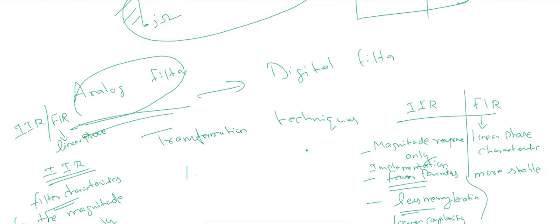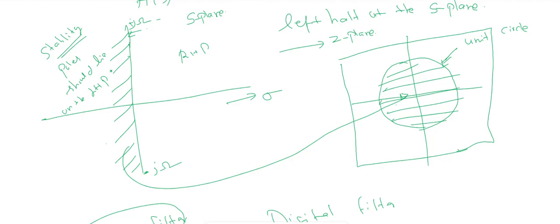And also, in the transfer function, the numerator polynomial has M zeros and the denominator polynomial has N poles.